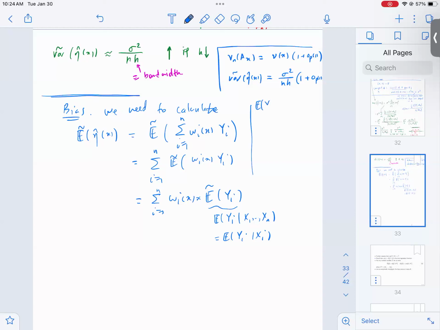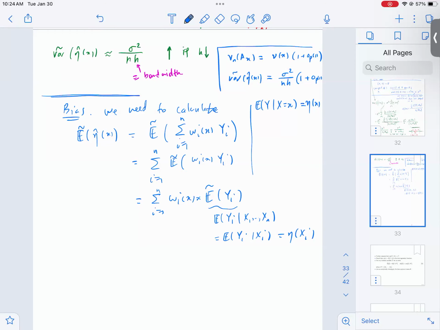The expectation of a generic y given x equal to little x is eta of x. So now what is this? It's very close, but there's no x here. There's x_i. So this is going to be eta of x_i, because once I condition on an x, the expectation of y given that particular x is just eta of x.